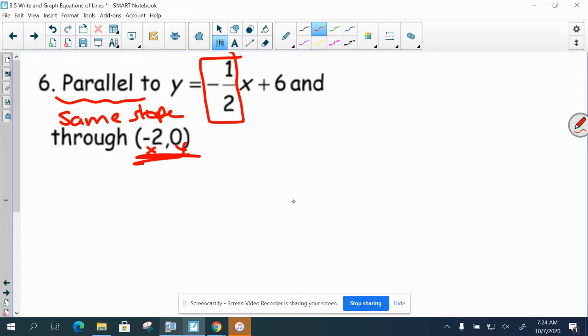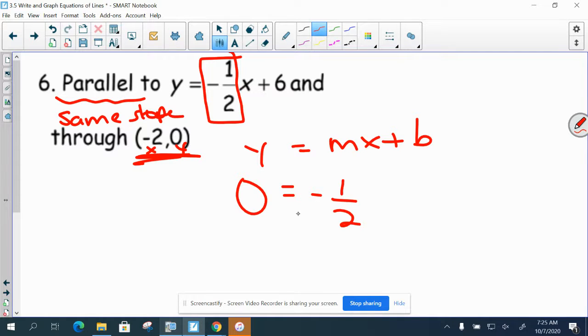So we'll start with y, which is 0, equals, plugging it into y equals mx plus b. Maybe you write down the equation first, and then plug in what you know. So -1/2 is the slope, because the slopes are the same if they're parallel, times -2 for x, and we're going to write -2 over 1, and then plus b.